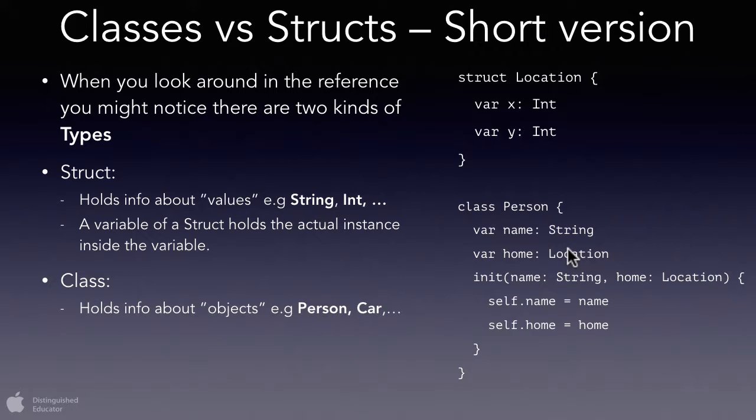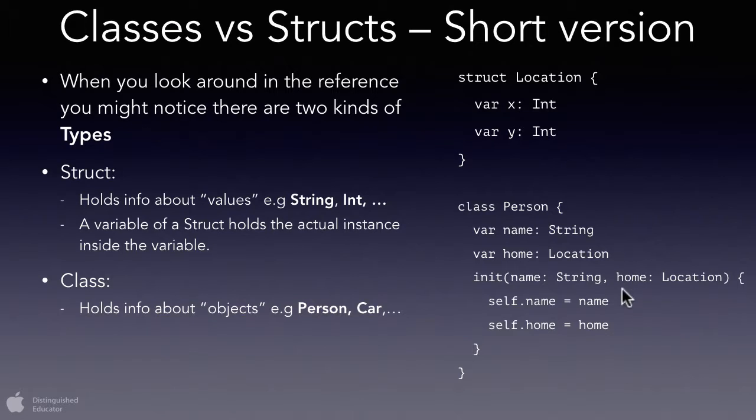And when you have a class, we'll talk more about this later, but you have to have an initializer defined then, at least one. And it works like this. You have these two properties declared, and in the init you have name and home, and these are actually the values that will come in when you run the initializer.